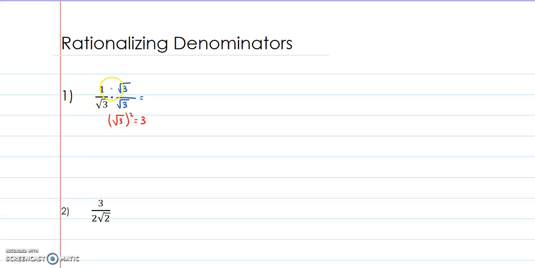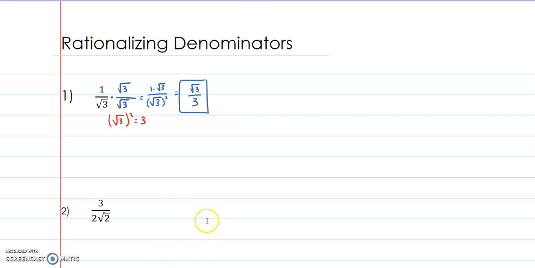So by multiplying across, I get 1 times the square root of 3, and then I have the square root of 3 squared. So in the numerator, I just have square root of 3, and in the denominator, I have 3. And that's as far as we need to go. The denominator no longer has a radical in it, and that's what we wanted to rationalize.